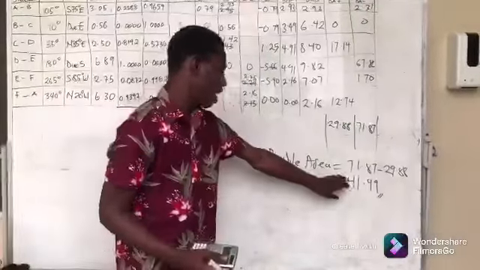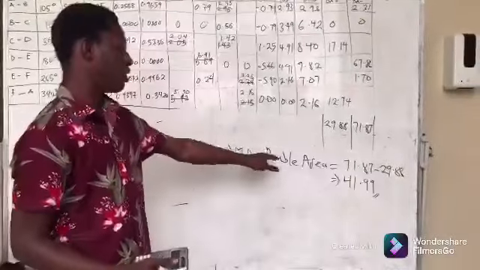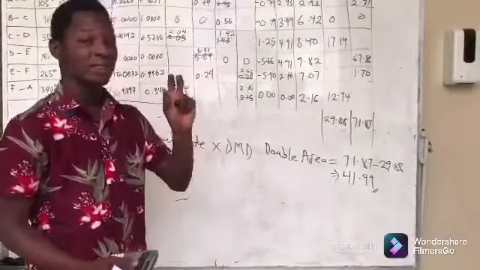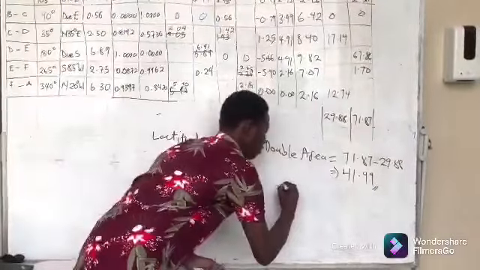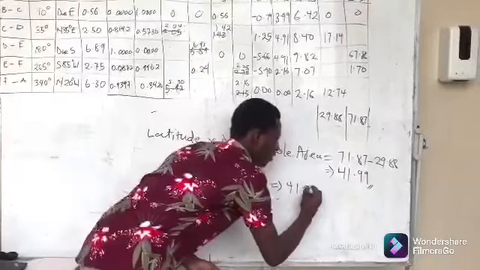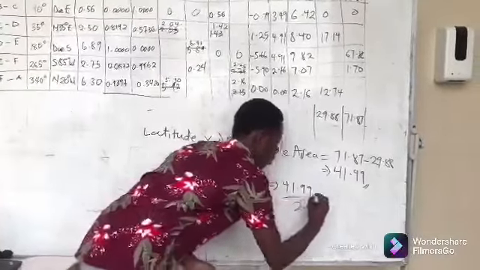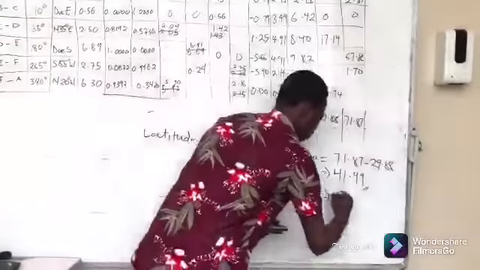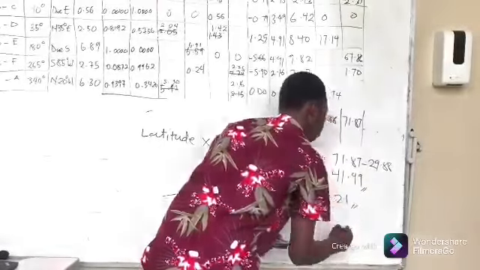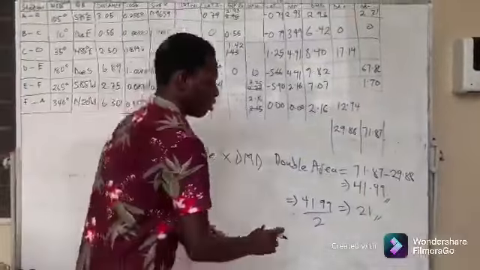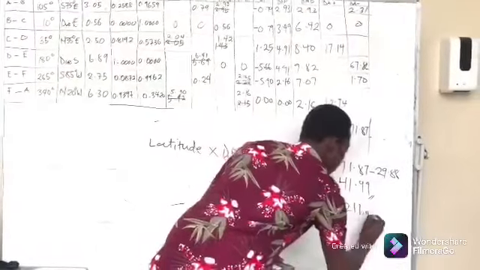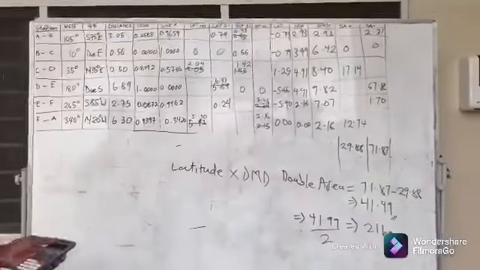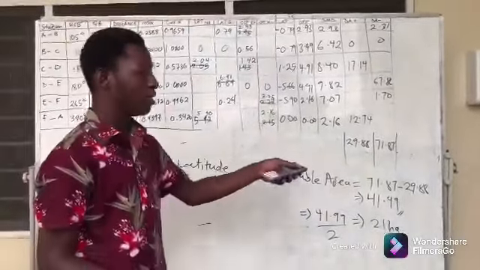This one is the answer for a double area, but I have to leave my answer in a single area. So I have to divide this double area by 2 to get my single area. 41.99 divided by 2 is 21. So right now I have my single area to be 21.00 hectares.